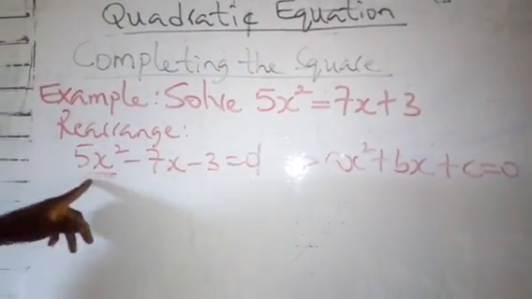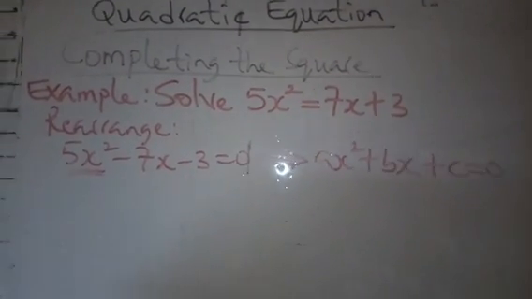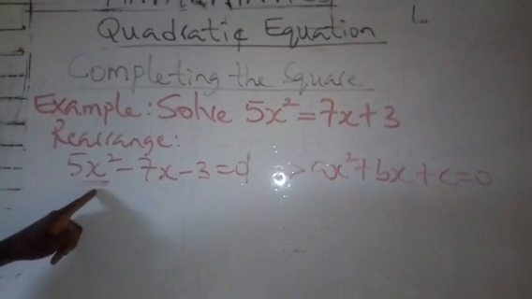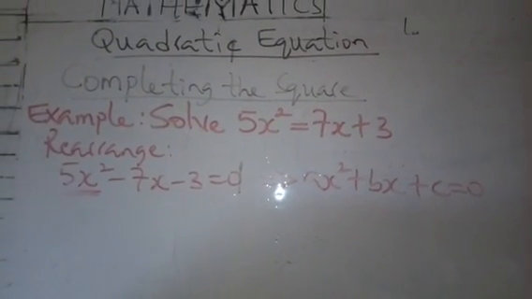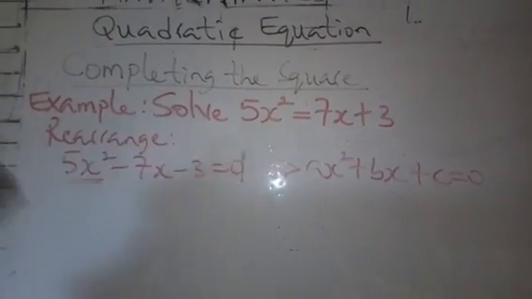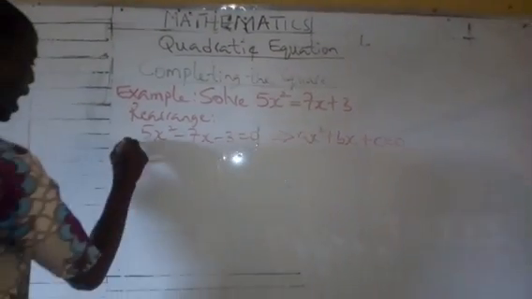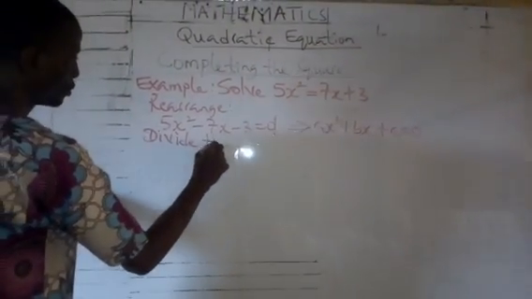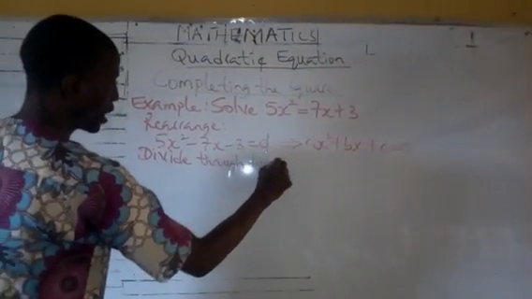Now looking at this, for you to use the completing the square method, you have to ensure that the coefficient of your highest degree of unknown, which is x squared, must be 1. And how are you going to make this x squared coefficient to be 1? You use the method: divide through by 5.